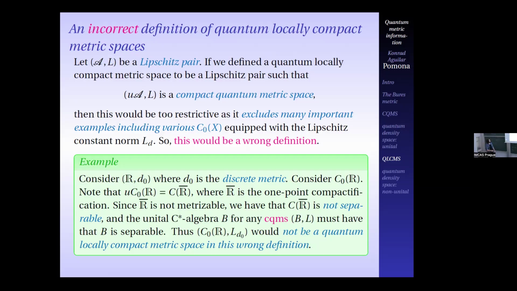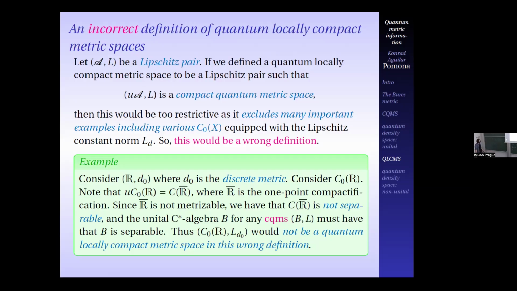C0 of R, the C0 of the 1-point compactification of R with any semi-norm would not be a compact quantum metric space, let alone with the Lipschitz constant semi-norm. So this really shows that we're in a bad situation. If we assume this is the definition, this would be a bad definition because this would not be in the realm of quantum locally compact metric spaces.